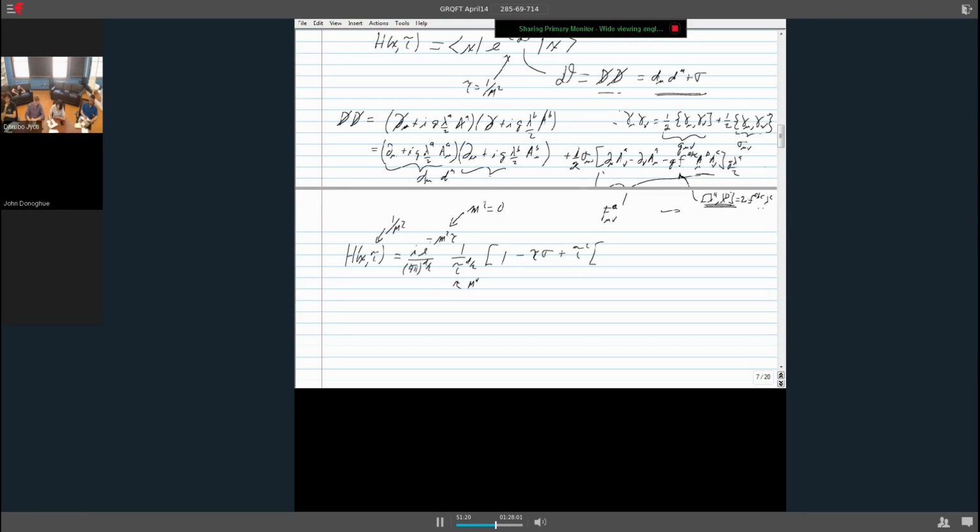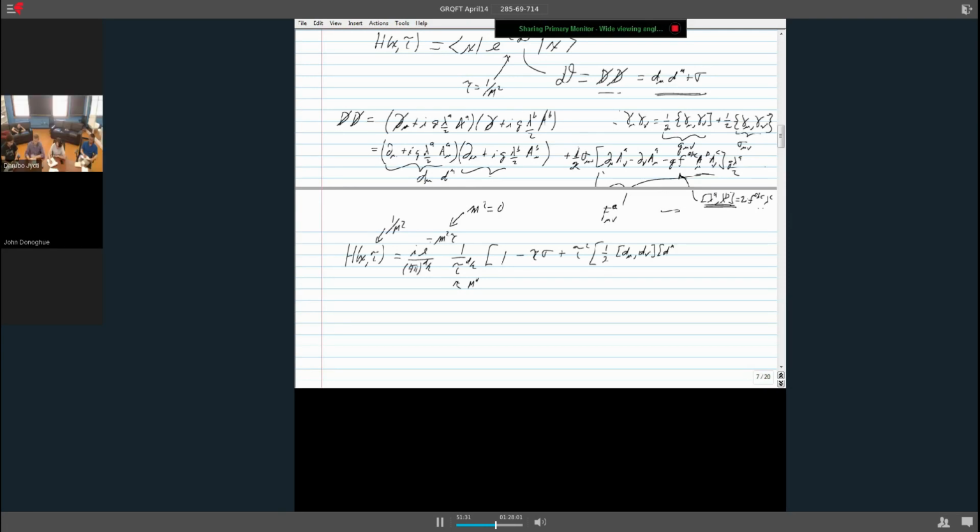I get h of x and tau. Tau is going to be 1 over m squared. What we had before, I had e to the minus m squared tau, but here m squared is 0 in this case. There is no mass term.